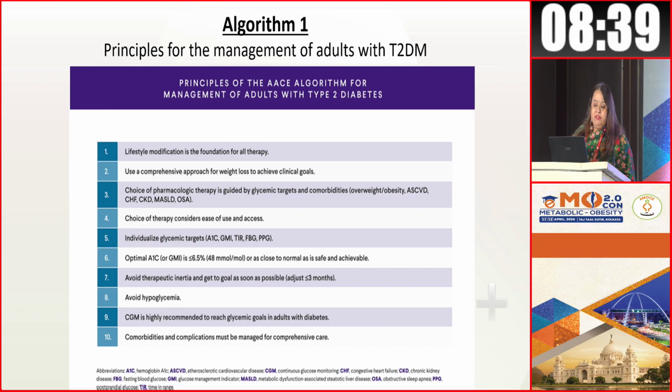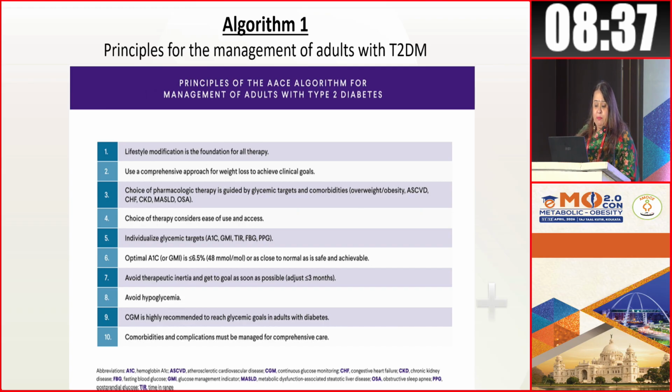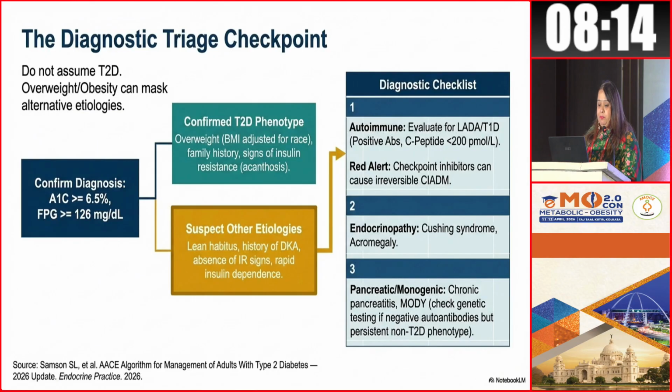And optimal A1C is 6.5 and below, or as close to normal as it is safe and achievable. And avoiding therapeutic inertia. I think there's a very strong message there. Avoid the therapeutic inertia, and they've repeated this throughout the document. Avoid hypoglycemia as well. CGM is highly recommended, and comorbidities and complications must be managed for comprehensive care.